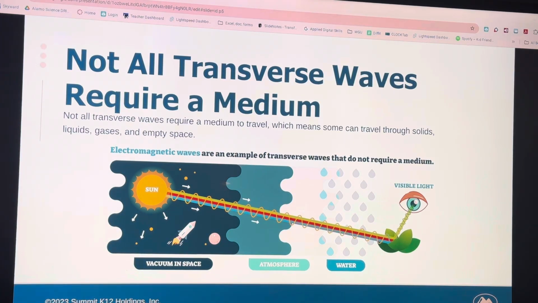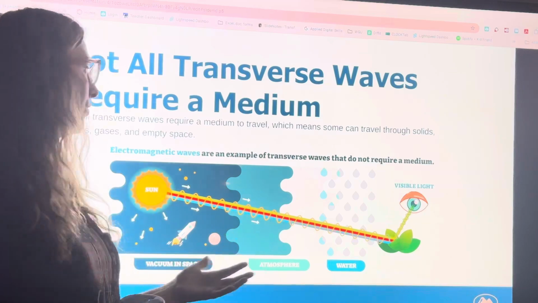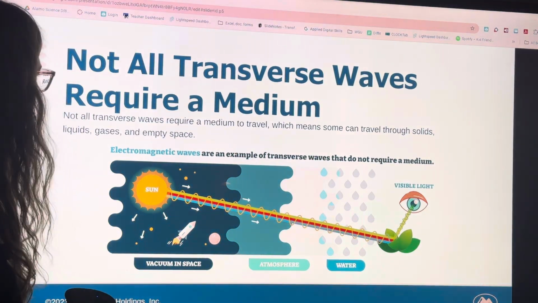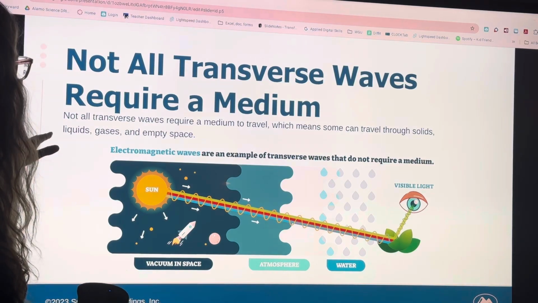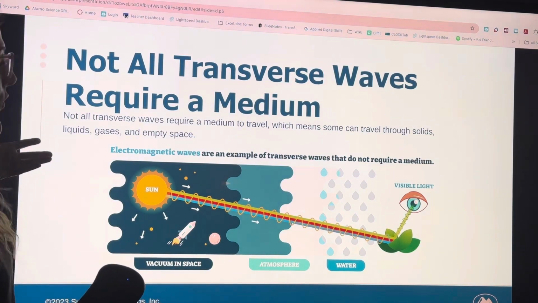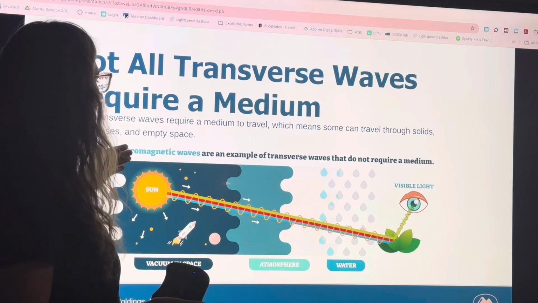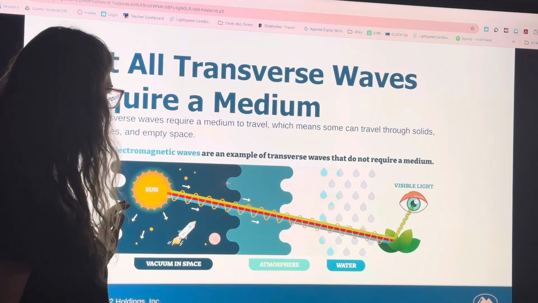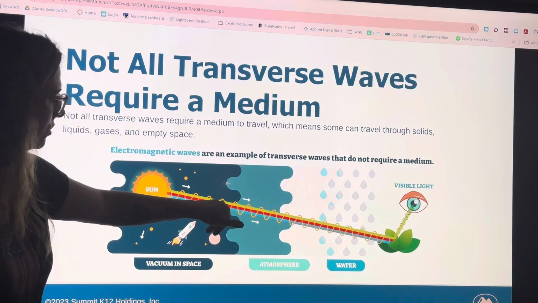Not all transverse waves require a medium. And as you remember, a medium is something that the wave travels through. We already talked about how some can move through solids, liquids, and gases. But electromagnetic waves are an example of a transverse wave that does not require a medium because, look, it goes through outer space.